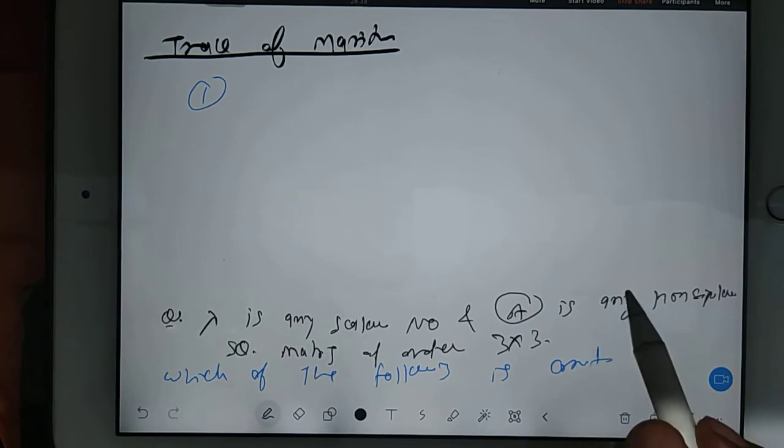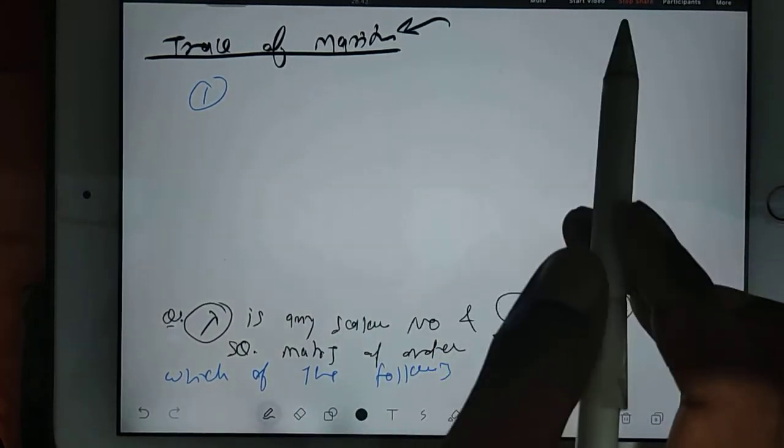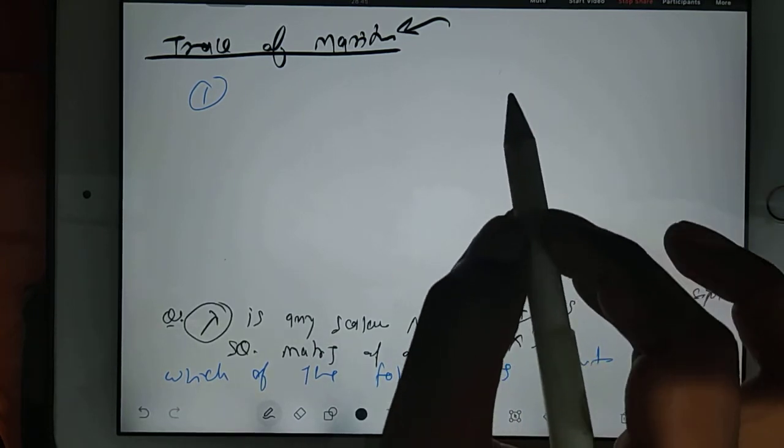See, any matrix A is given and any number lambda is given. Now, based on the trace topic, I am framing a question.